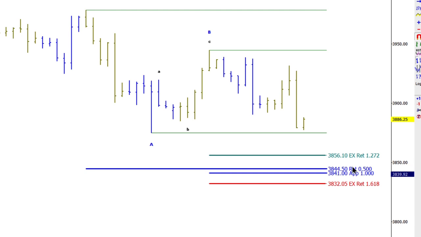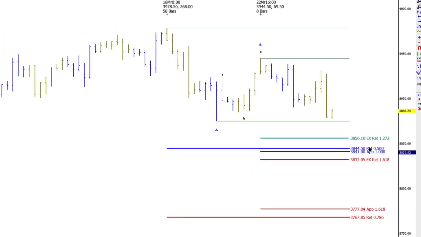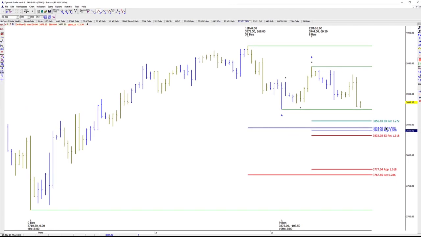This is a fantastic piece of information to have, because if the ES continues to decline and reaches into this zone, then we would be looking for an opportunity to identify a reversal and a go-long strategy, because it would be in a position to have completed a correction.